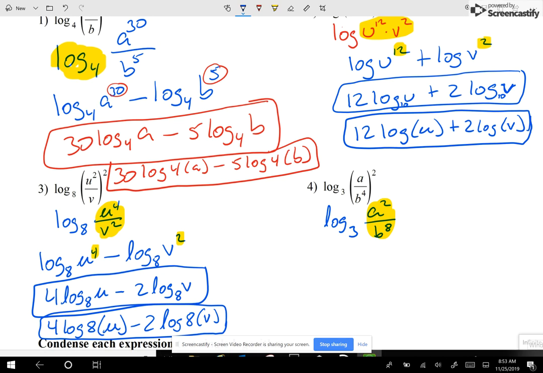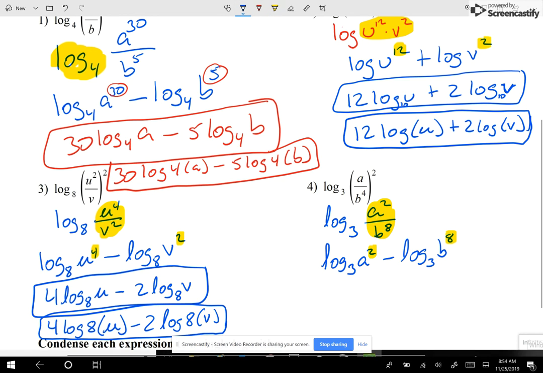Remember, in division, I use minus. In multiplication, I use plus. So I'm going to call this logarithm base 3 of a to the second minus logarithm base 3 of b to the 8. I should not have exponents.